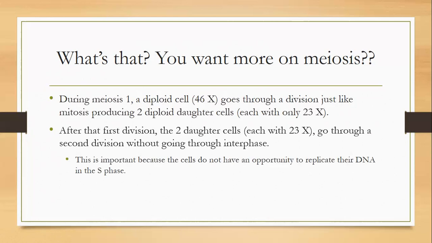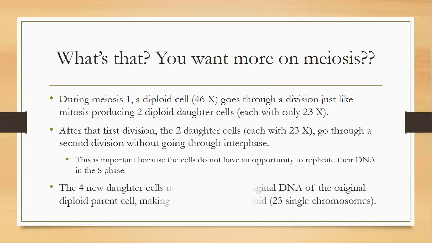The reason that this occurs is that when they don't go through interphase, they also don't go through S phase, and it's during S phase when the DNA is replicated. After the second division, there will be 4 daughter cells that now have half the original DNA of the parent cell. In other words, having 23 single or 23 haploid chromosomes, unlike the division above in which there were 23 pairs of chromosomes, or the diploid number.